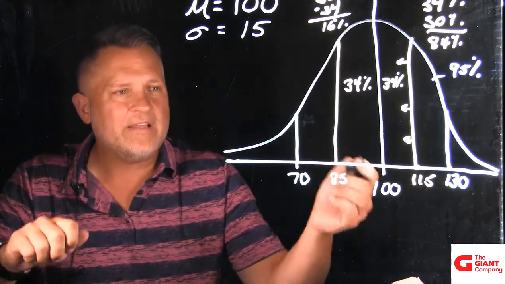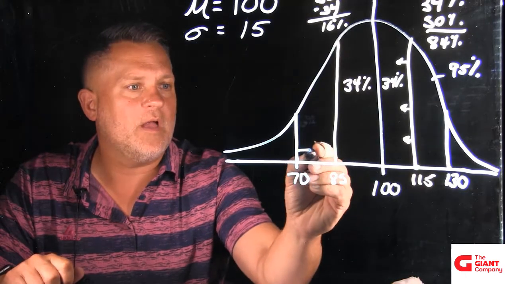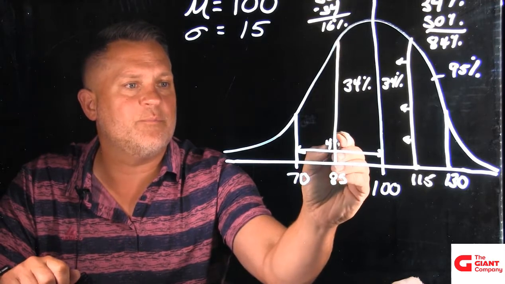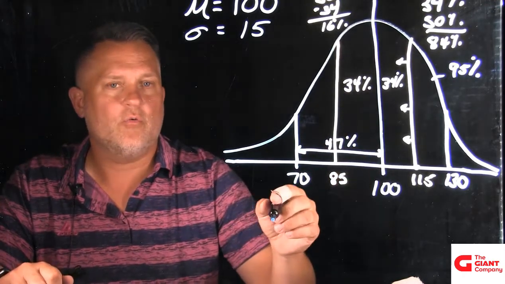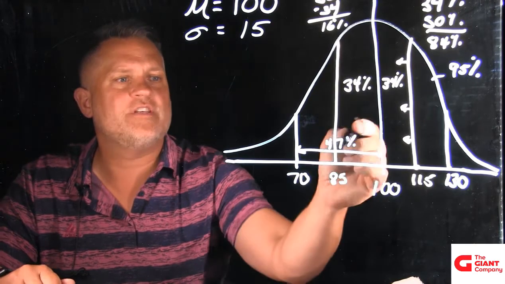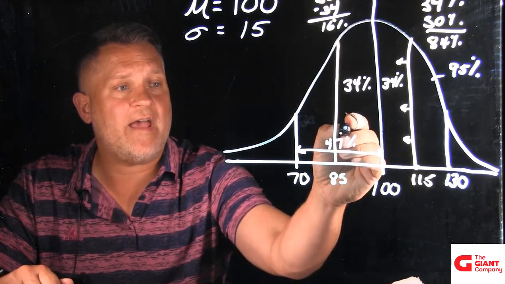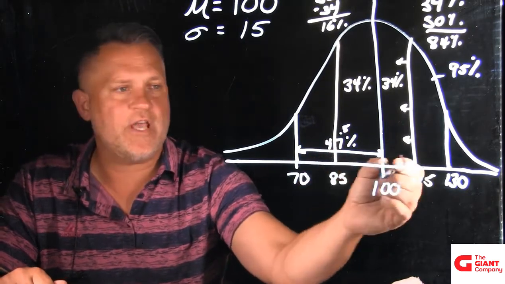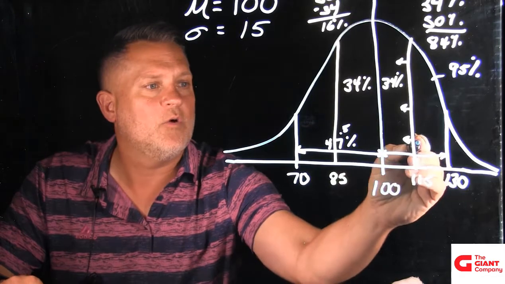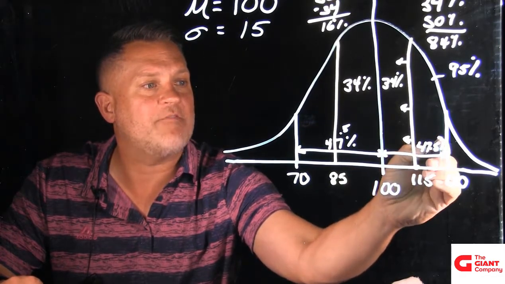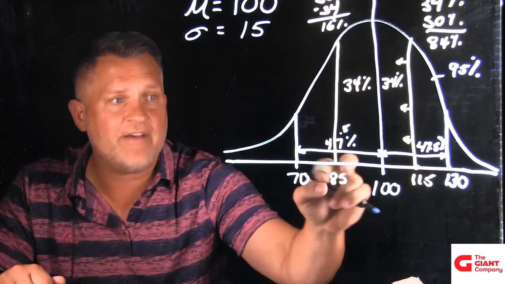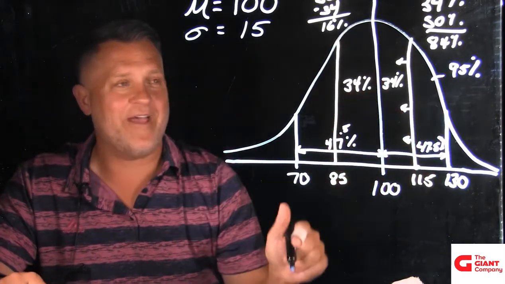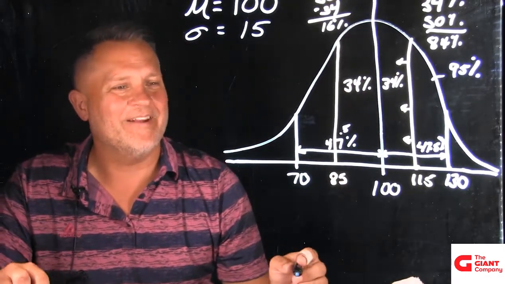That leaves me with an area from this to this of 47.5% of the curve. 47.5% of the curve is from the midpoint to the 2 standard deviation mark. In the same way here, we have 47.5% of the curve, because 47.5 and 47.5 is 95, right? I hope I have that right. I'm doing the math in my head here.